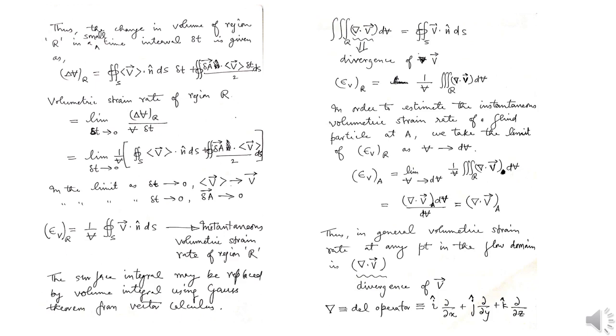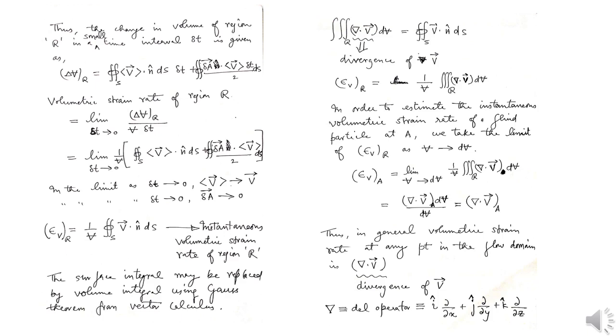Anyway, that doesn't bother me, because later on I'll show you that in the limit delta t going to 0, this term will go to 0. So the volumetric strain rate of region R is given as a limit, because I need the instantaneous volumetric strain rate of region R. So I take the change in volume upon the original volume, divide by delta t, and take the limit delta t tending to 0.